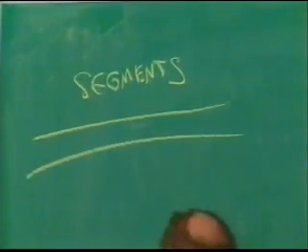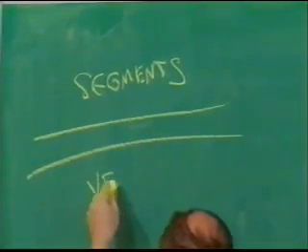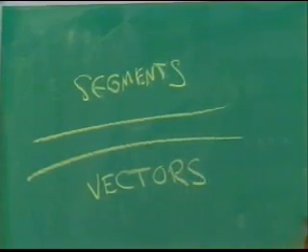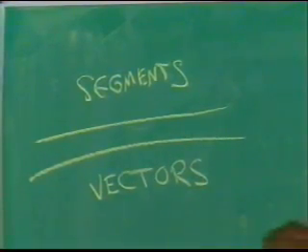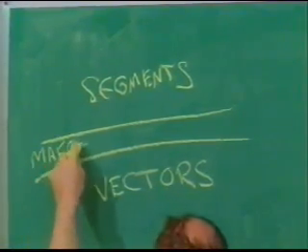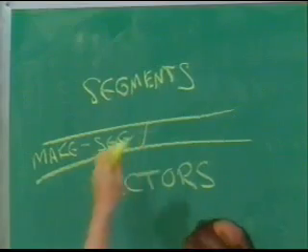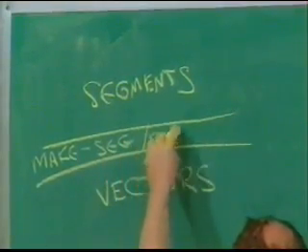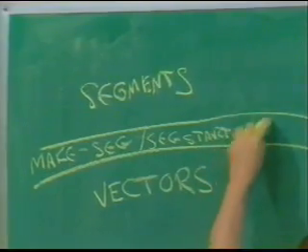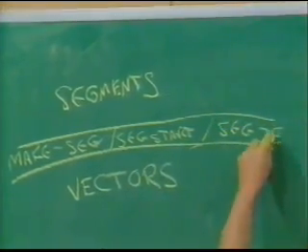The abstraction barrier separates the implementation of segments from the implementation of vectors and points. And what that abstraction barrier is are the constructors and selectors. It's make segment and segment start and segment end.